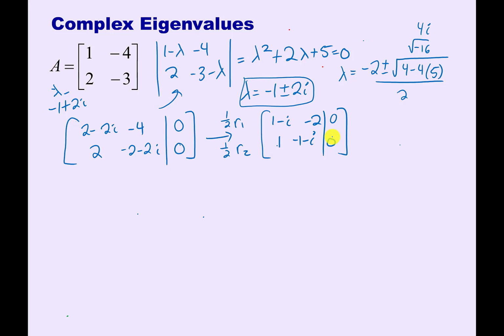Now if you're wanting to do row operations and you have a complex number and the corresponding element in the other row is not complex, you can always multiply by the conjugate to get a non-complex number. So I'm going to use that strategy here and show you what happens.